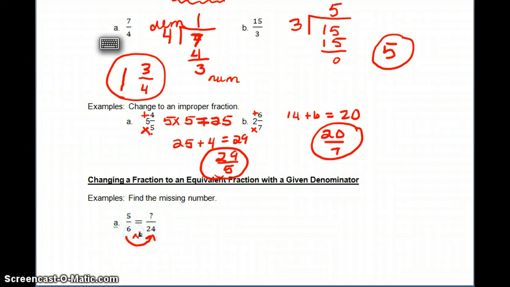Well, they multiplied by a 4. So since they multiplied by 4 in the denominator, you also have to multiply by 4 in the numerator. So 5 times 4 is 20. The missing number is 20.